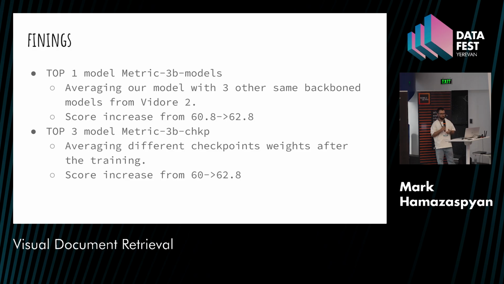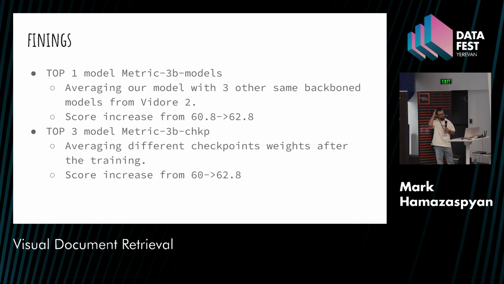And most probably they were trained with different strategies and different data sets than us, because not everything is fully reported for sure. And when we did the averaging of those models with ours, which is around 4 model averaging, we saw that the score jumped around 3%.